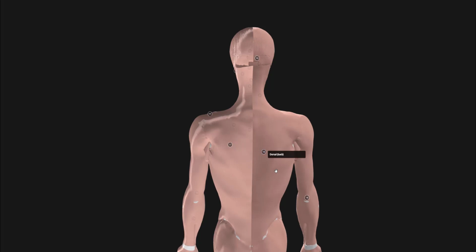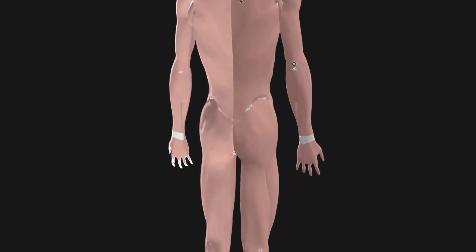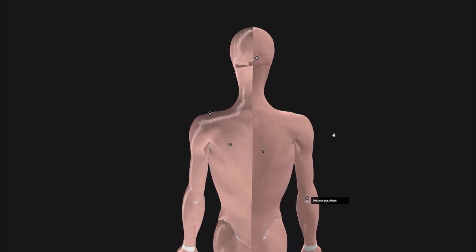Here we have the dorsum or dorsal area, and then it could also be called the thoracic area in the back as well. Let's reposition a little bit. And let's go to the olecranon area. That's the posterior elbow.